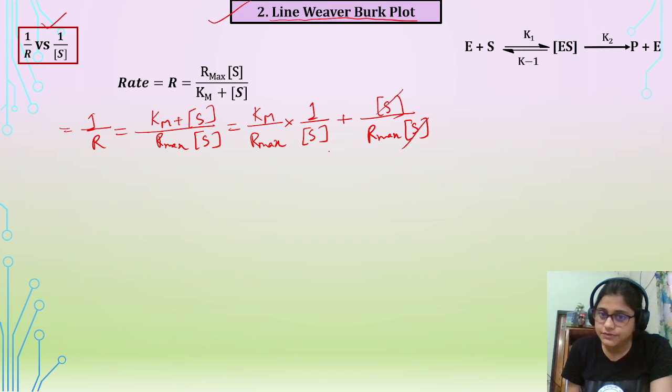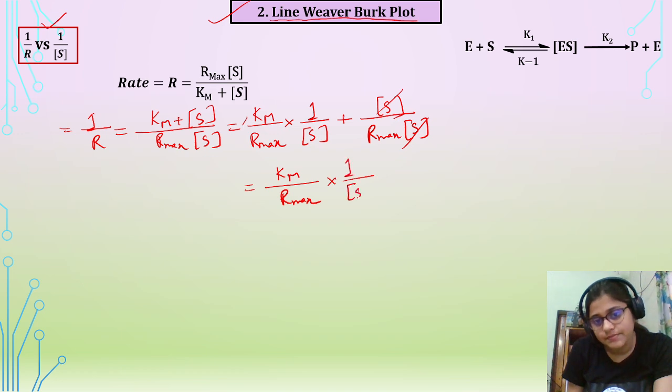Now S will be gone, and it will be Km by Rmax into 1 by S plus 1 by Rmax. 1 by R equals this.